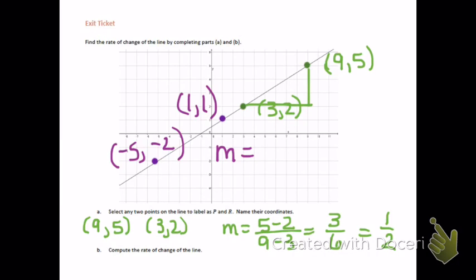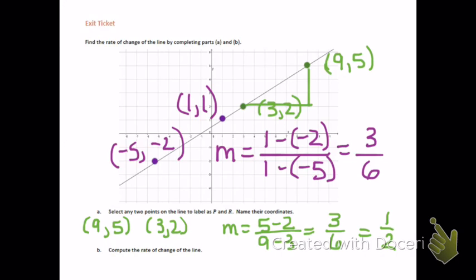So the difference in y would be 1 minus a -2. And the difference in x would be 1 again, minus a -5. All right, and notice that if I do my subtraction carefully, I'm going to get a difference of 3 and a difference of 6. And I can see that here on the graph.